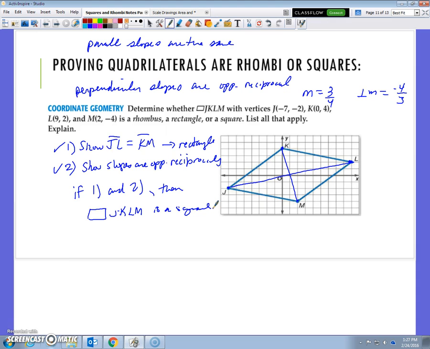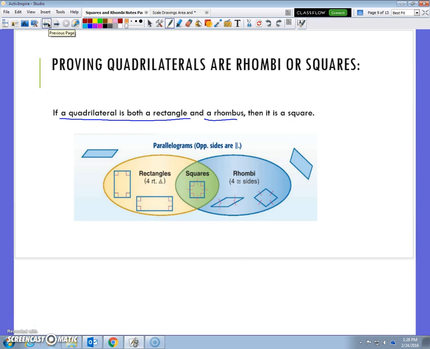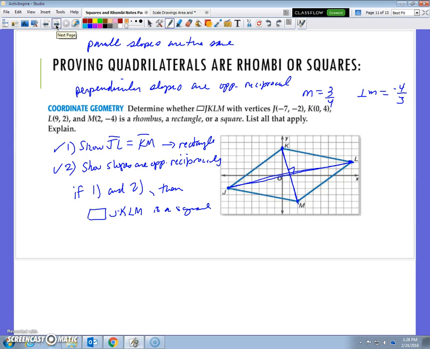But these are the 2 things that have to happen. The diagonals would have opposite reciprocal slopes. If they're perpendicular, that would guarantee me the right angle for the rhombus. And I would also know for a rectangle that these diagonals would have to be the same length as well. We know from the little chart here that if it's a rectangle and a rhombus, then we know for sure it is a square. So it can only be a square if it fits both 1 and 2. And that's it for today.